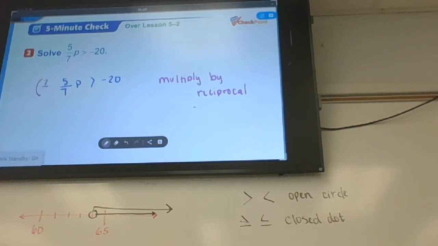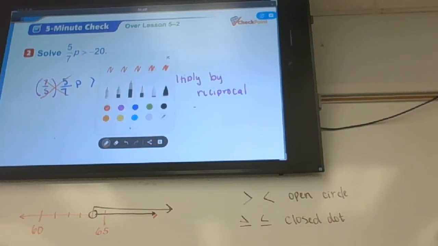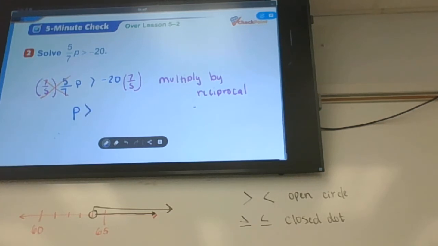So I'm going to put 7/5 here and 7/5 here. And that will cancel out the whole fraction. And I have p is greater than.